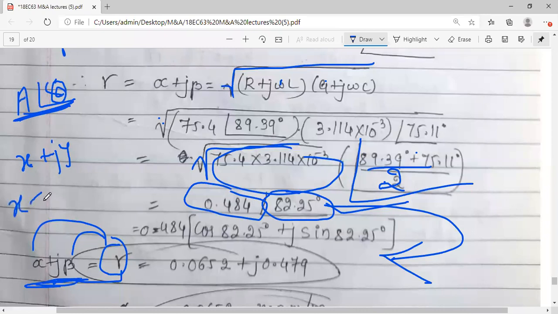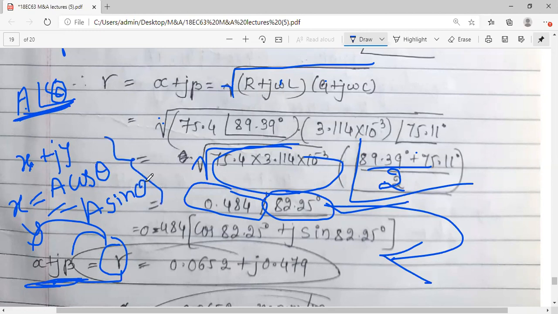The first term, x, is equal to whatever magnitude you have got, that magnitude into cos of theta. If you do this, you will get the first term, x, and for y, magnitude times sine of theta. So manually you can do it like this, or if you are able to convert directly from your calculator, you can do that. You will get this as your gamma.